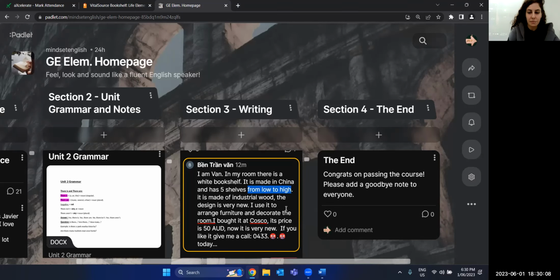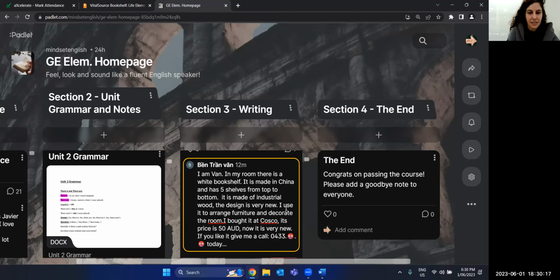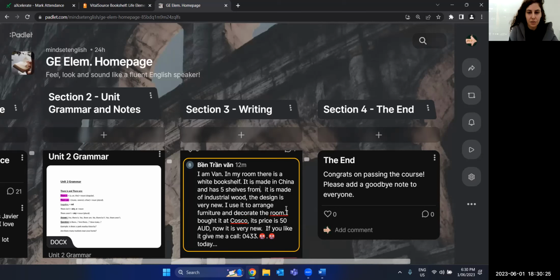From top to bottom, maybe? Yeah, from top to bottom. But it has 5 shelves already gives us that information. Oh, because it could have, yeah, okay, that's why I thought, okay, from top to bottom. Full stop needs to have a capital letter.